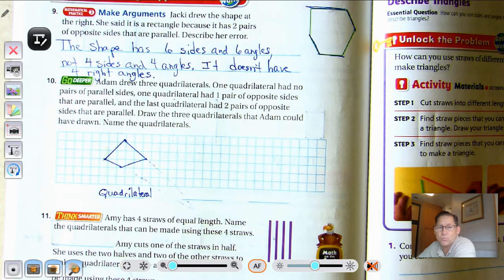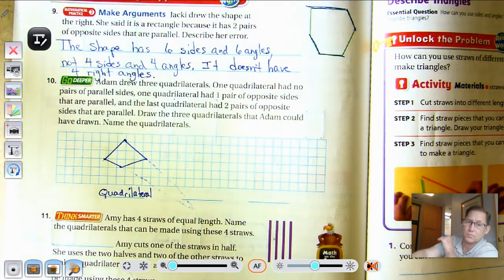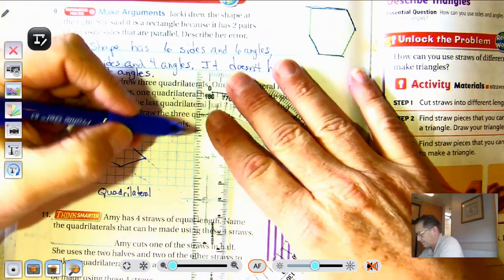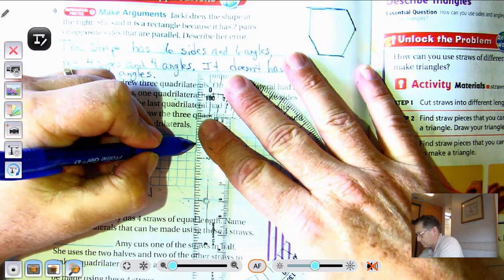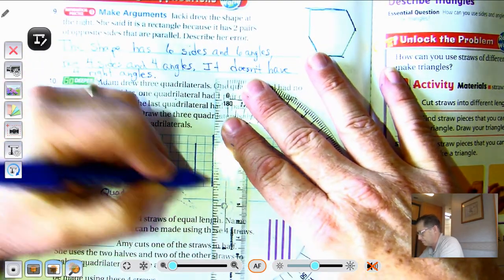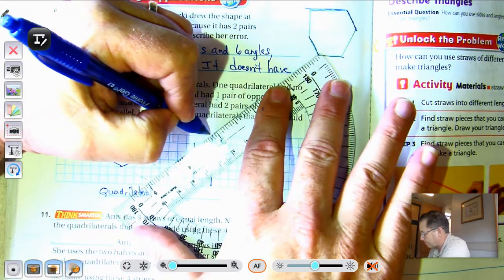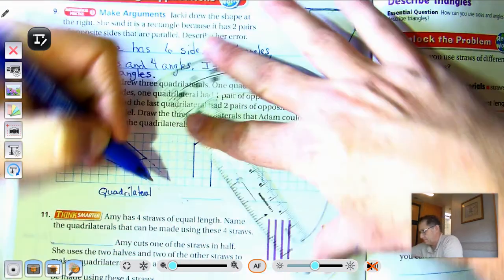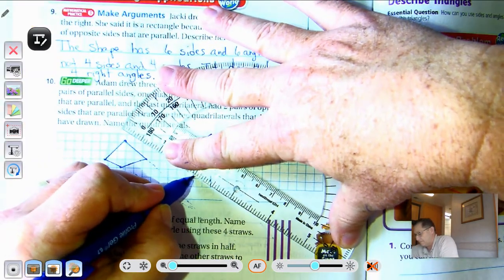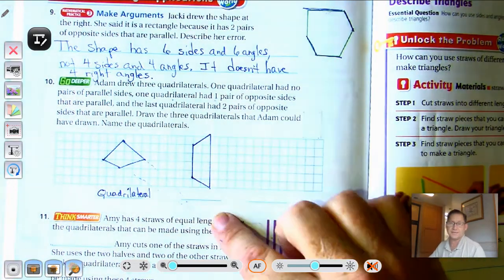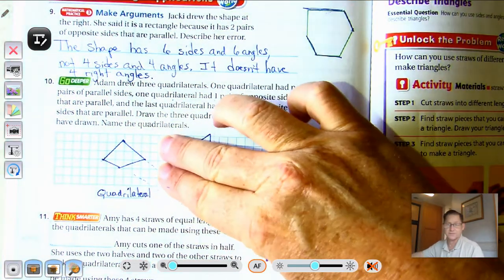The next one has one pair of opposite sides that are parallel, so that is the definition of a trapezoid. So I've drawn the parallel sides, and then the other two sides, they'll cross out here somewhere.